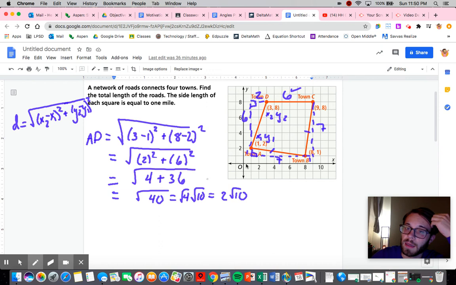Now, as I said, the length from A to B is the same as from B to C because, again, it's 1, 7, 1, 7. Using the Pythagorean theorem, you know that C is going to be the same.